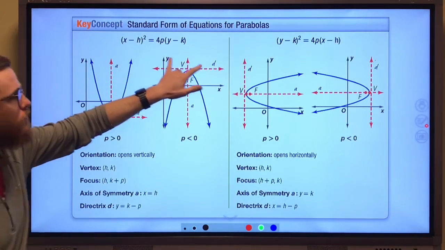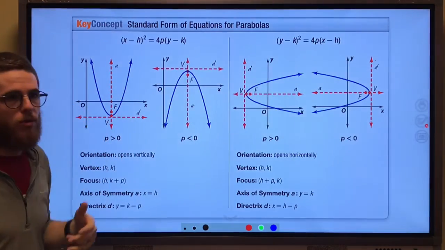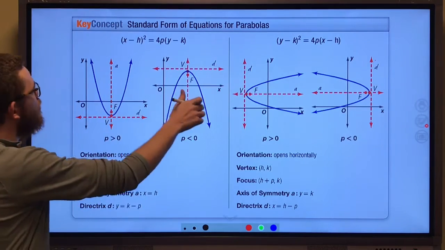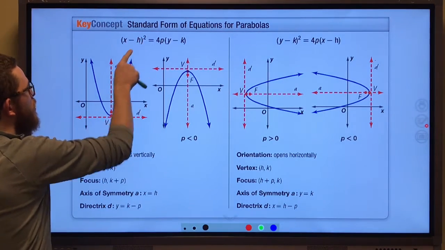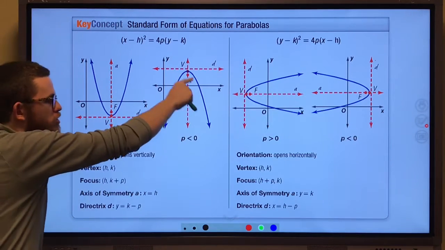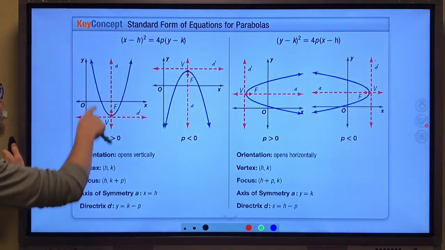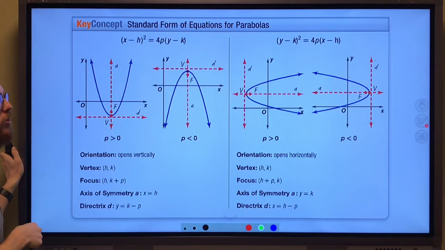Notice here, when we're looking at standard form, or you might hear it called transformational form, if it's the x being squared, that's going to be our traditional parabola. That's what we think of when we think of quadratics. The parabola that makes a function is the one where the x term is being squared.